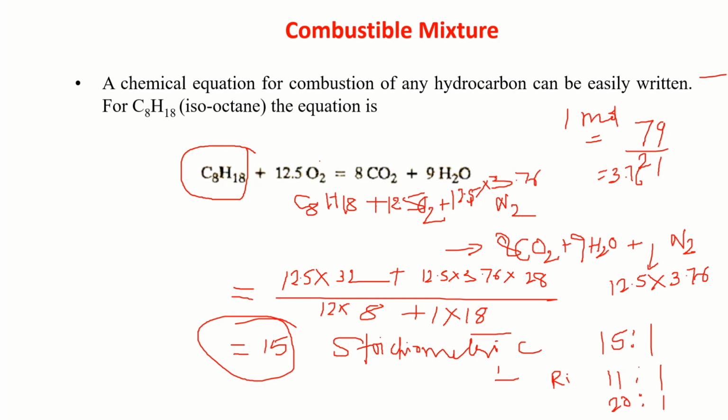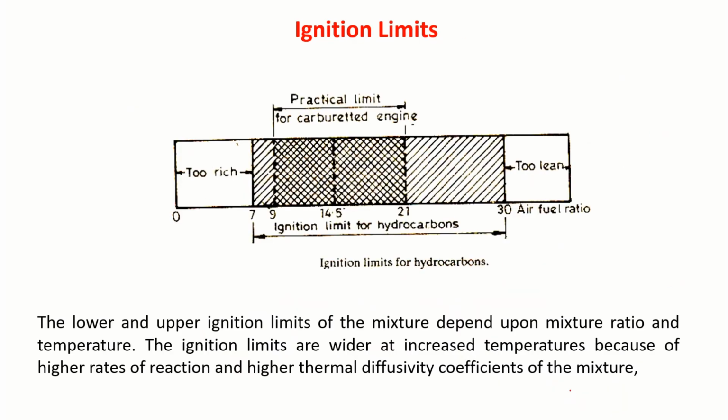That is what we have been talking about right from the beginning. The real calculation shows around 14.7 is the stoichiometric air fuel ratio. This is the richer side, this is the leaner side.